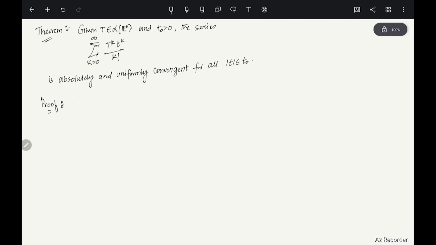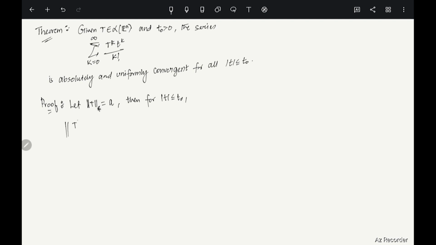So the proof is very easy. You see, given a T, the norm of T is fixed. Let's say that is a. Then for mod t less than, let's say, t naught, you have to have uniform convergence, right?